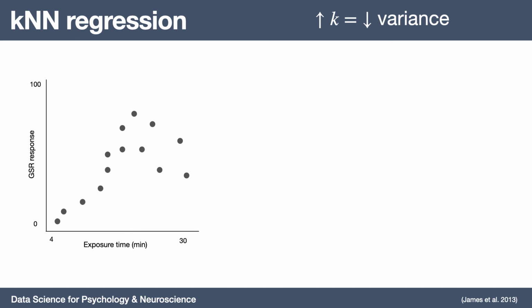Now, for this regression problem, you could apply a polynomial, you could apply a standard linear regression model. But let's look at how we would do it with kNN. So what we would do is we would take every observation i and try to see how similar it is to every observation k.